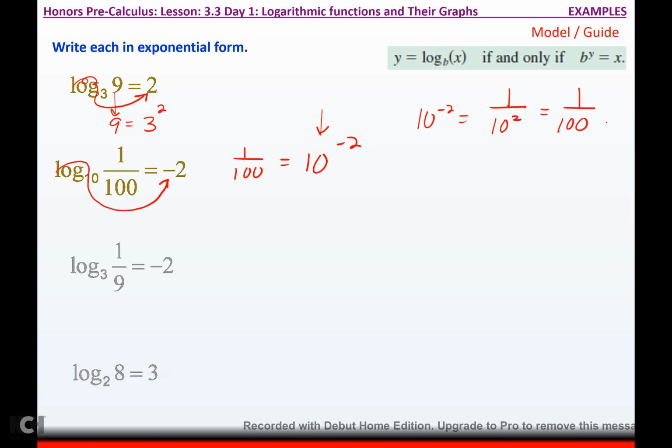When the log rolls over, the bug moves over, so I have 1/9 equals 3 to the negative second, which is true, because 3 to the negative second would be 1 over 3 squared, which would be 1 over 9. When the log rolls over, the bug moves over, so I have 8 equals 2 cubed, which is true. 2 cubed is 8.